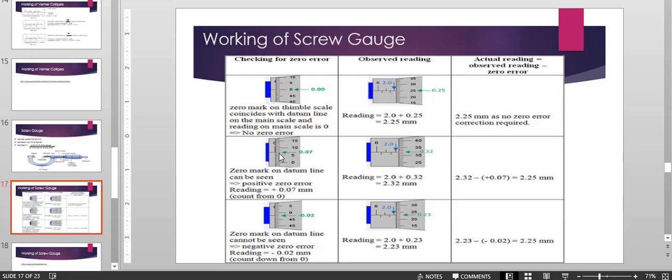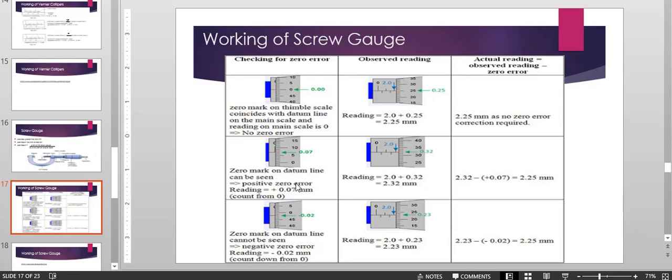But if the 0 of the circular scale is below the index line, then your screw gauge has an error, and such type of error is known as a positive error. Again, the same formula: find out the line which is in direct contact with the index line. Suppose it is line number 7.